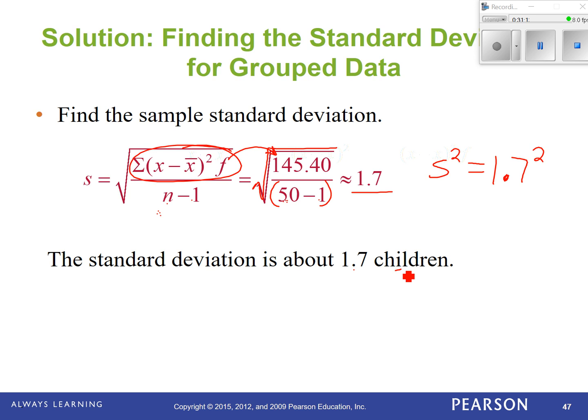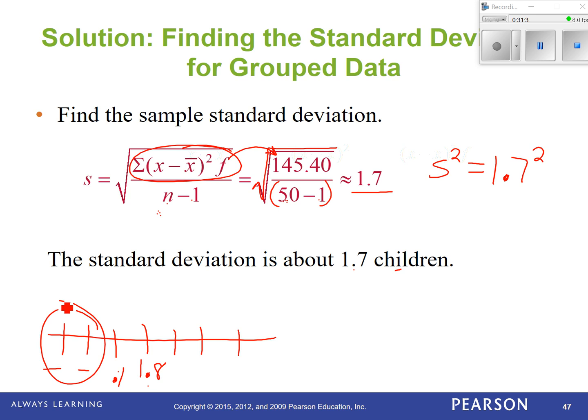That means the mean was 1.8, and if we wanted to make our little curve here, it's not going to work out real well, because when we go down this way, if we subtract off 1.7, the standard deviation, we're at 0.1, and then we're at negative children. So not very many people are going to have negative children down this way.